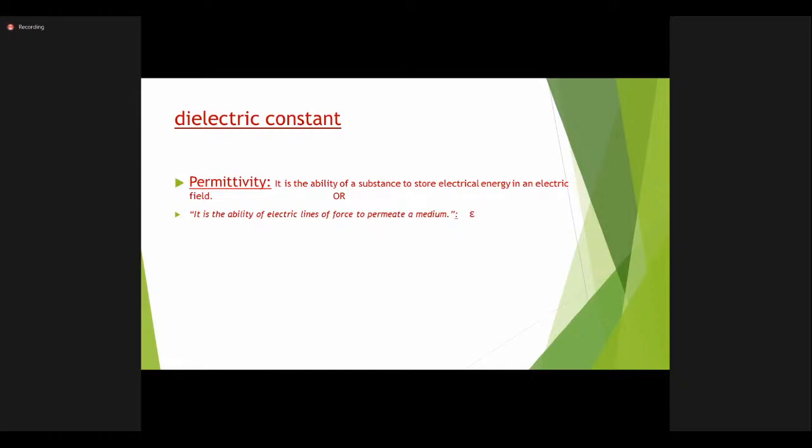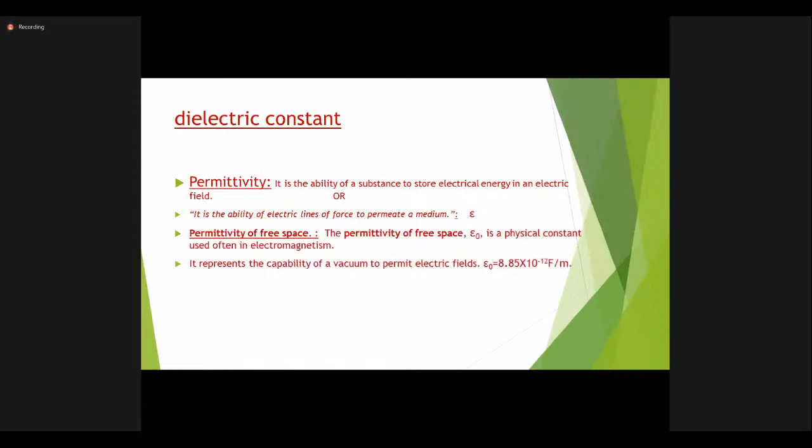So basically, permittivity is the ability of electric lines of force to move in a medium or to permeate in a medium. It is given by the symbolic representation epsilon. Now, permittivity for free space, epsilon naught, the ability of electric lines of force to move in free space, is a constant given by the value epsilon naught equal to 8.85 times 10 power minus 12 farad per meter.